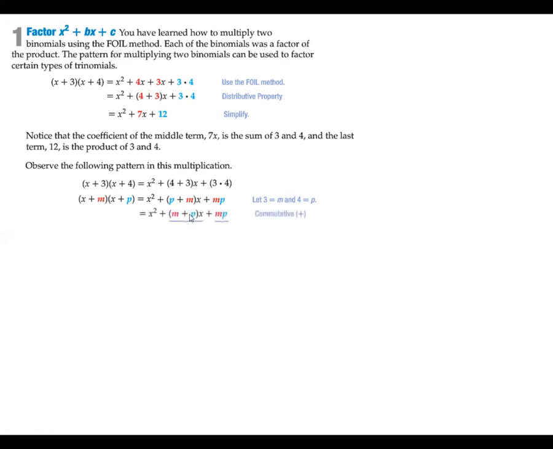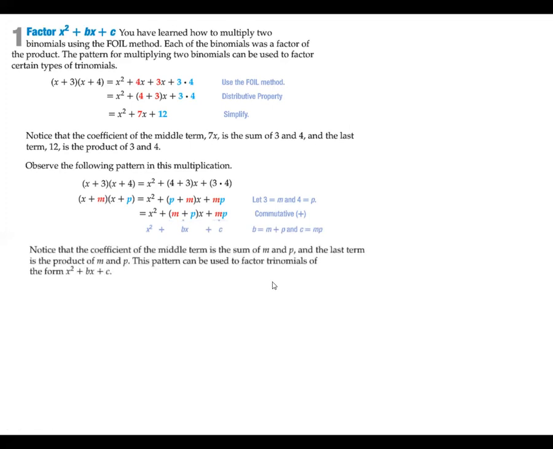So in general, the first term is x squared, the middle term is the sum of these two numbers times x, and the last term is the product of those two numbers. Well, we can use that information to go backwards and factor. Notice that the coefficient of the middle term is the sum of m and p, and the last term is the product of m and p. You just multiply m and p.